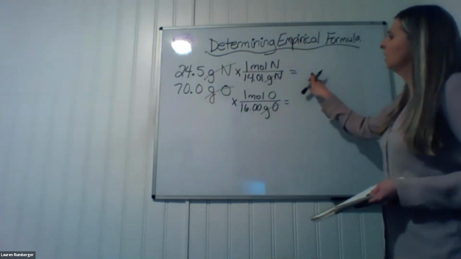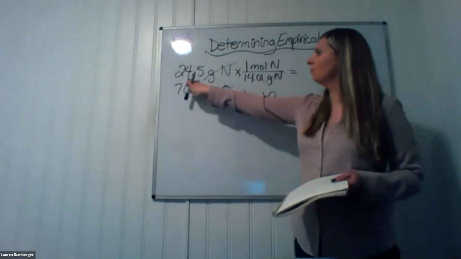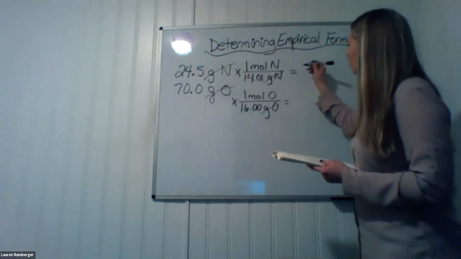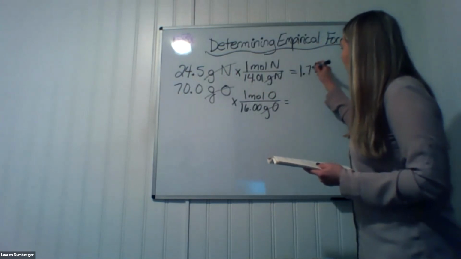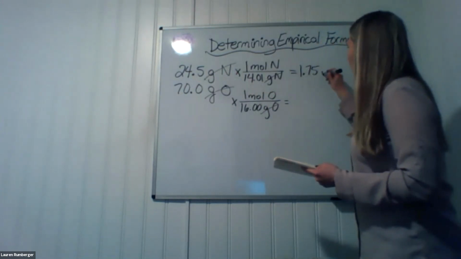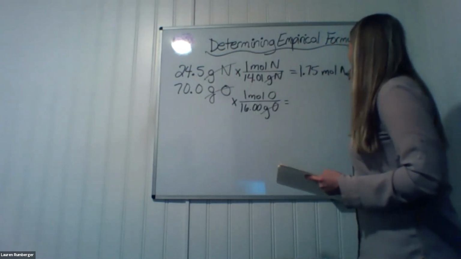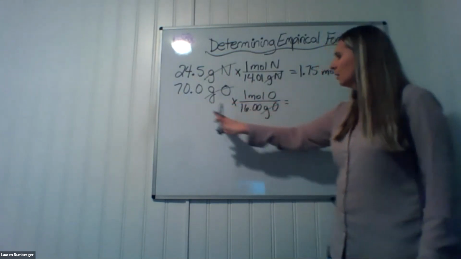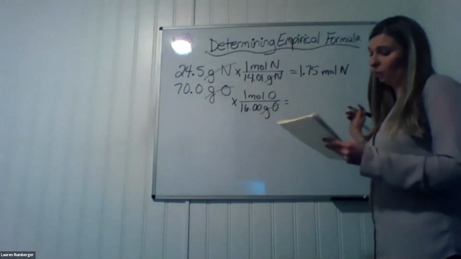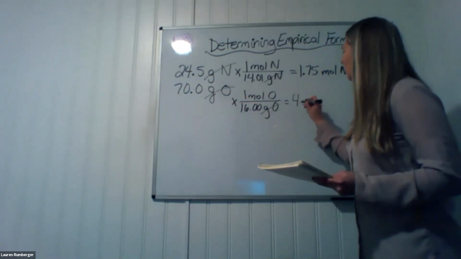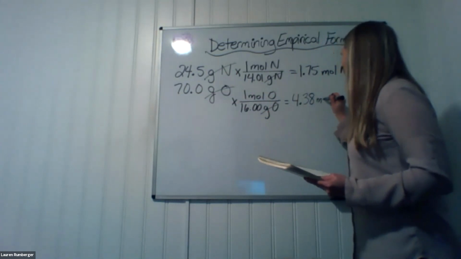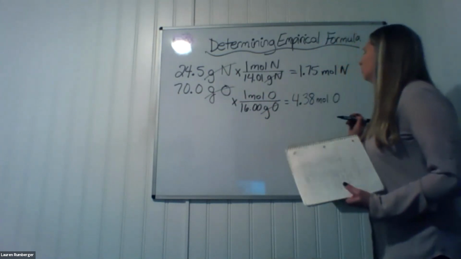So now the moles of nitrogen will take 24.5 divided by 14.01, and what you get is 1.75 moles of nitrogen. Now, when you divide 70 by 16, you get 4.38 moles of oxygen.